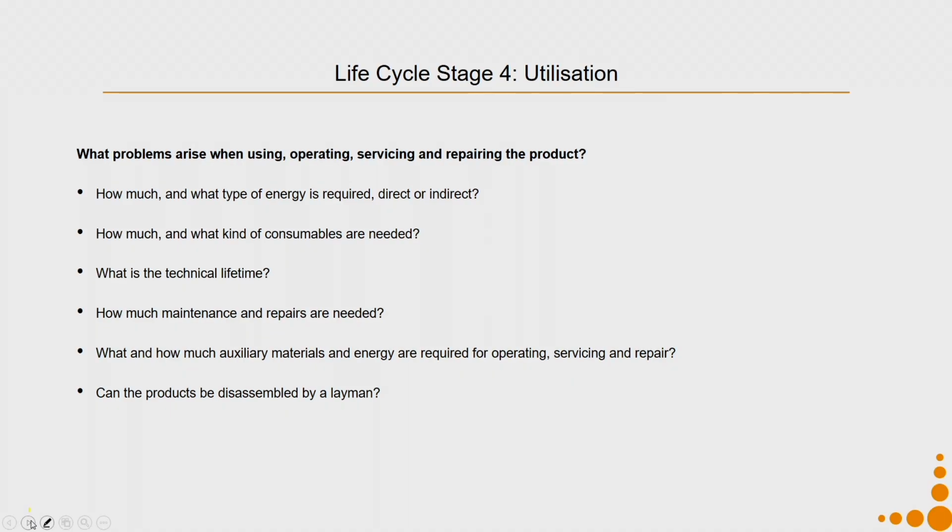But now if for each change you need to bring in a technician, that is an additional amount of eco impact. But say you can just buy it from the shop and do the replacement yourself, that is a lower impact. So, can the products be disassembled by a layman or not, can also have certain ecological impact.